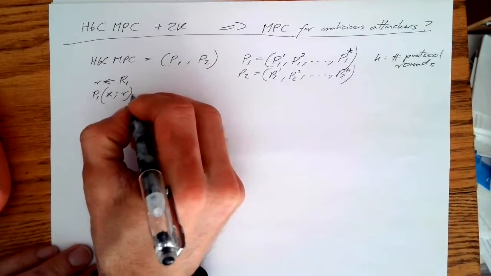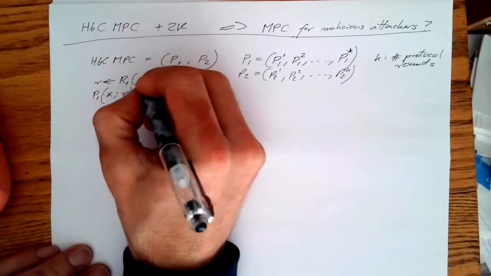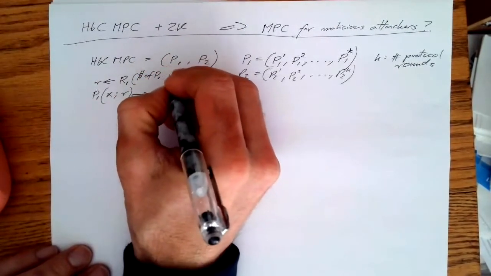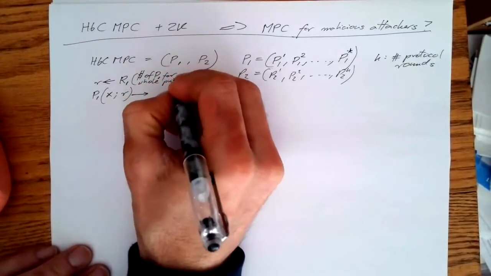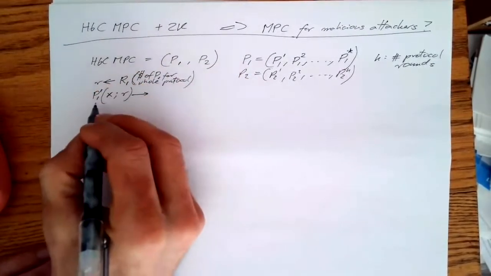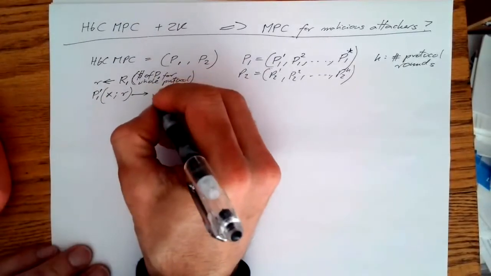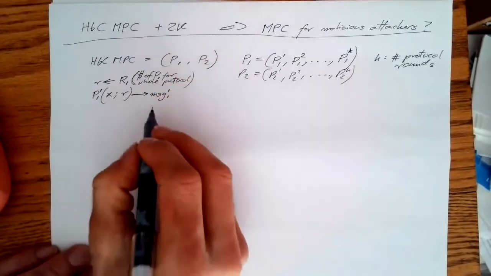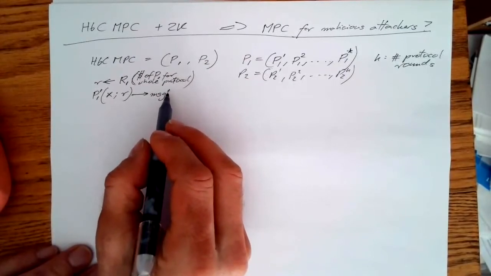P1 outputs two things. This is the randomness of P1 for the whole protocol. It's not just randomness he needs in the first round, it's the total randomness he needs in the whole protocol. So this outputs message 1 of the first player, the message in the first round.